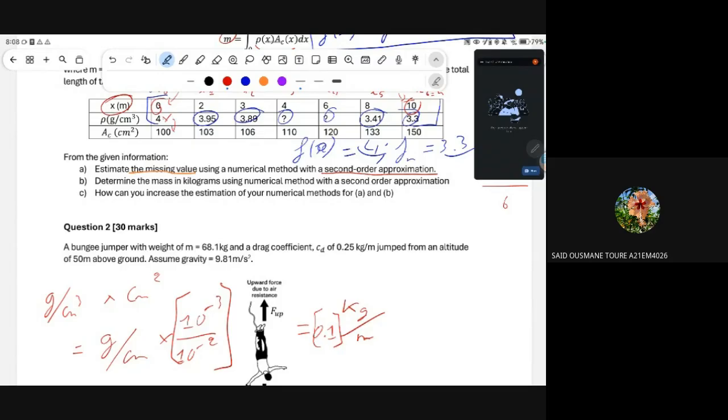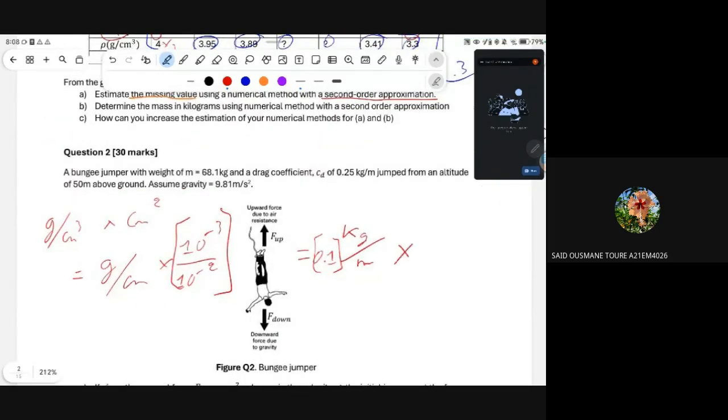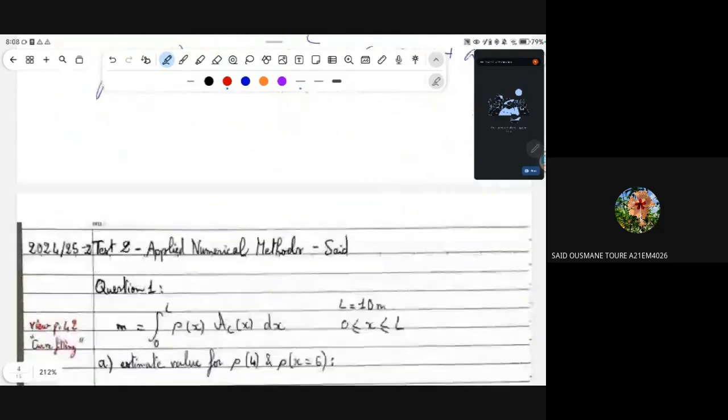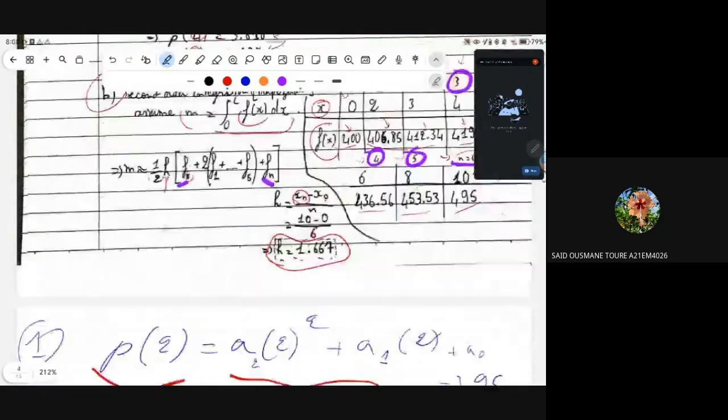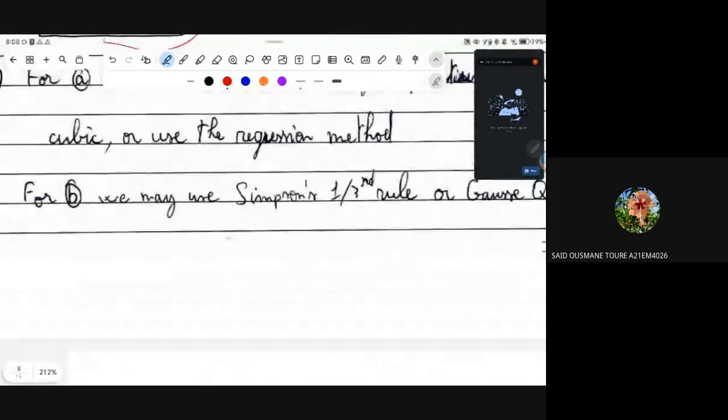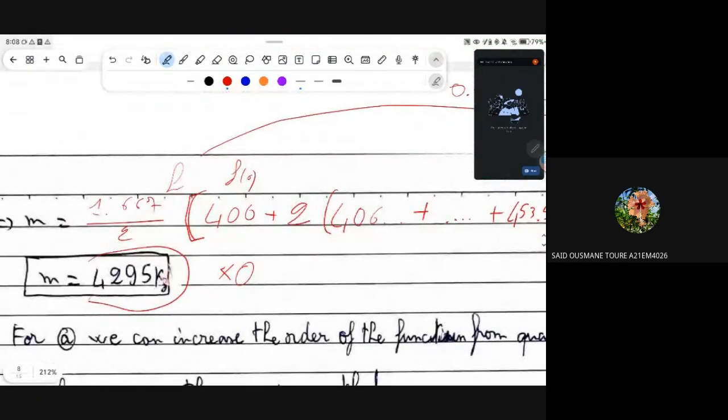So the value that you get, you multiply by m, which is meter, which is h, equals 0.1 kilogram. This is in terms of unit, not in terms of value. Whatever the value you get. So here, what is the answer? If we get m equals 4,000, it's not in kilogram actually. It's in, what is before kilogram?